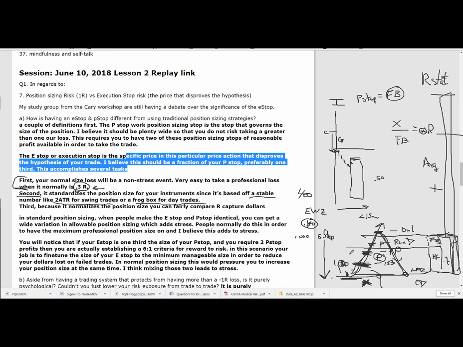So no matter where I enter Brazil, whether it's at the 1, 2, 3 entry, the P1, the RLXD, or the OWL, no matter where I enter that, I'm buying 1,000 shares. And my 1R loss is 40 cents a share.